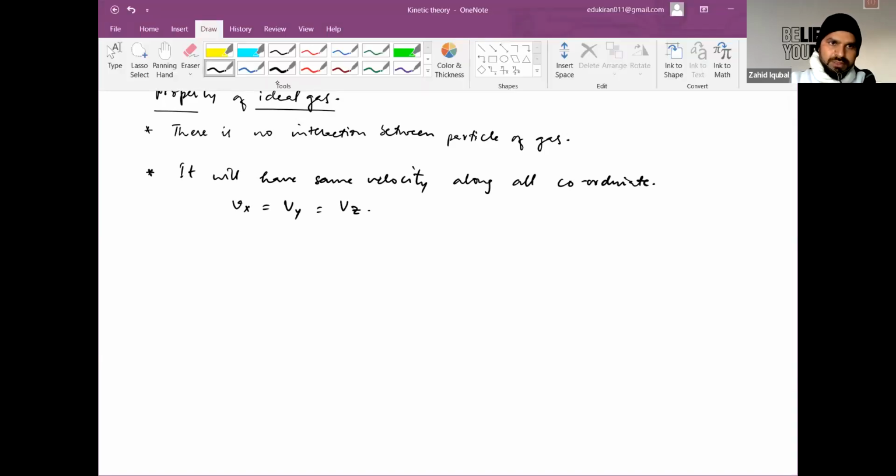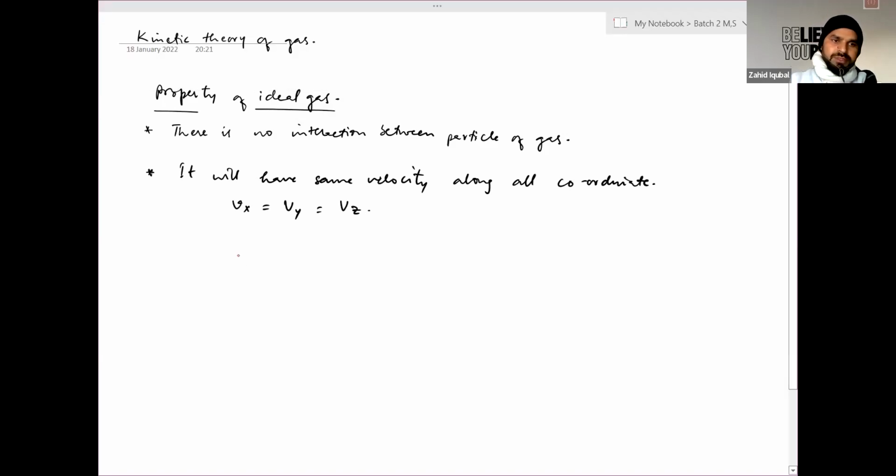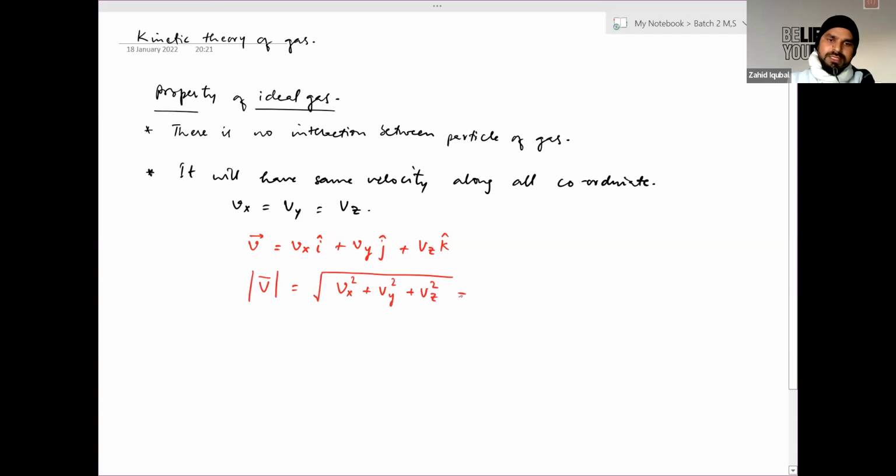Now on the basis of this, let me define the property. We can write in vector form v along the x-axis i cap, v along the y-axis j cap, and v along the z-axis k cap. Taking the magnitude of this velocity, it equals the square root of vx squared plus vy squared plus vz squared.